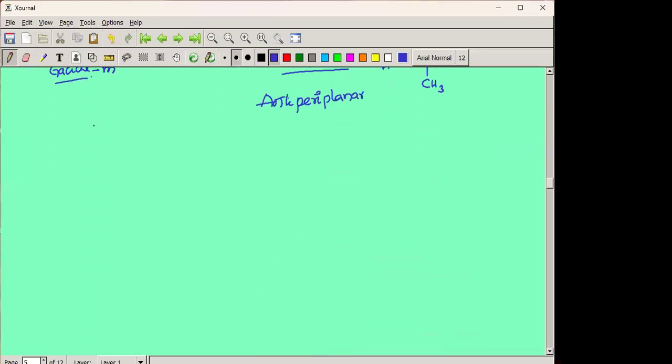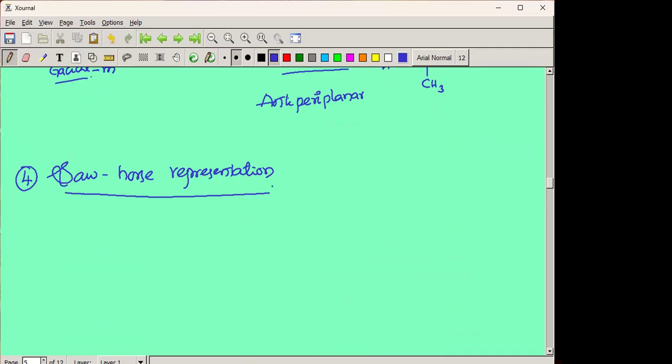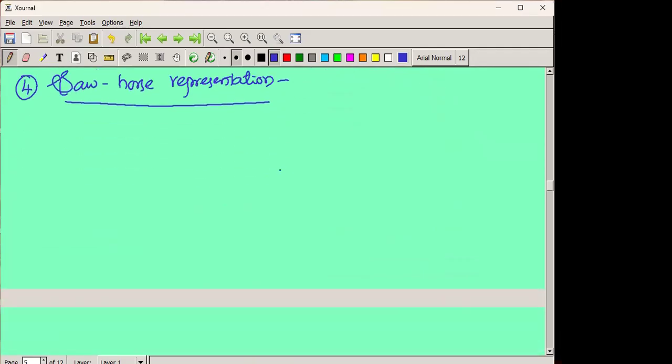This is about Newman projection formula. And the fourth one. What is the fourth? Sawhorse representation. In the case of Sawhorse representation, we can draw a diagonal line.